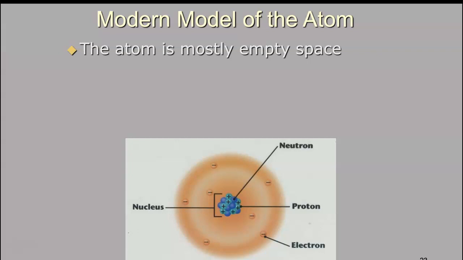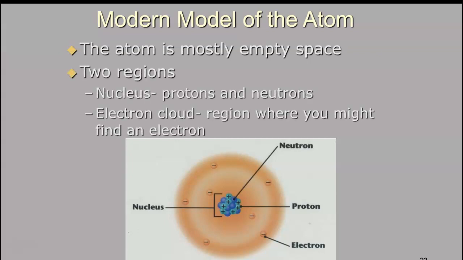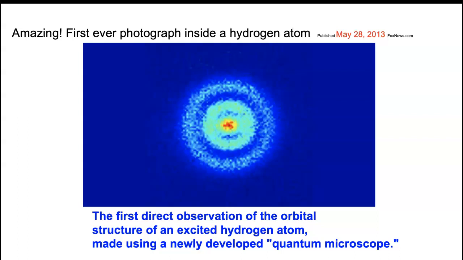It has a nucleus with 2 particles, the protons and the neutrons. And it has the electron cloud on the outside. The positive protons in the nucleus equal the number of negative electrons on the outside, and so our atoms are neutral. All the mass of our atom is in that small, dense, positively charged nucleus that Rutherford discovered with his gold foil experiment.